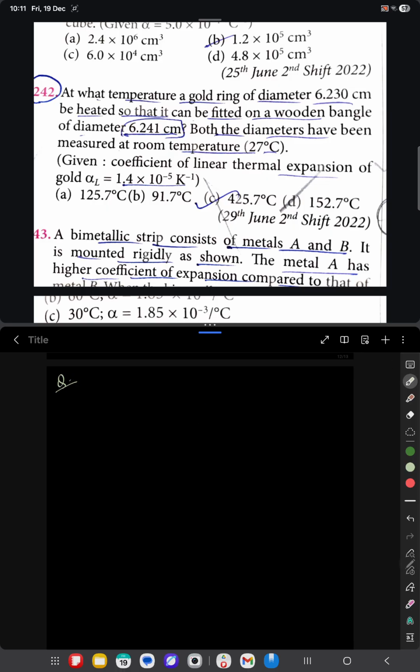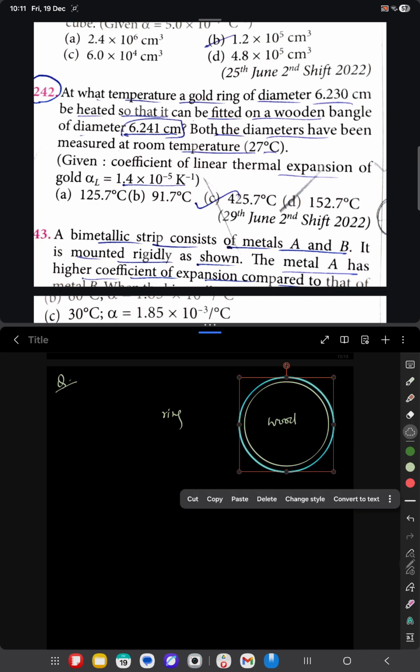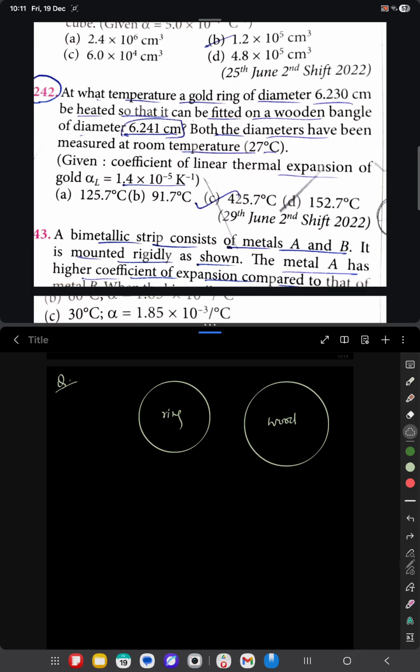At what temperature should a gold ring of a given diameter be heated so that it can be fitted on a wooden bangle of a given diameter? So there is a gold ring and there is a wooden bangle. The wooden bangle is of larger size, the ring is of smaller size. So this will only get fitted if we get a strain.